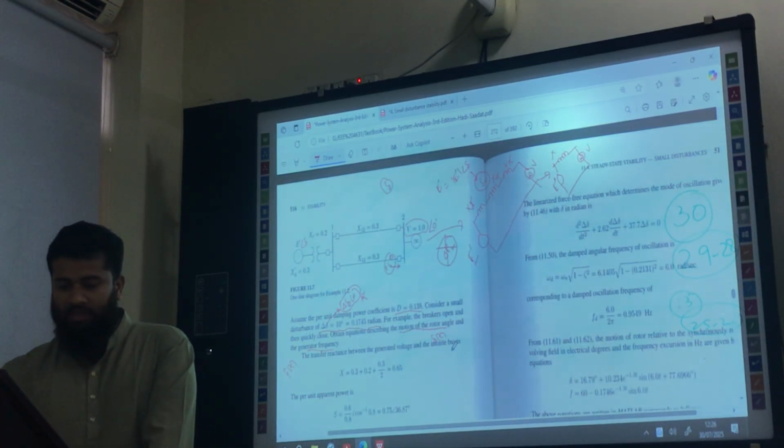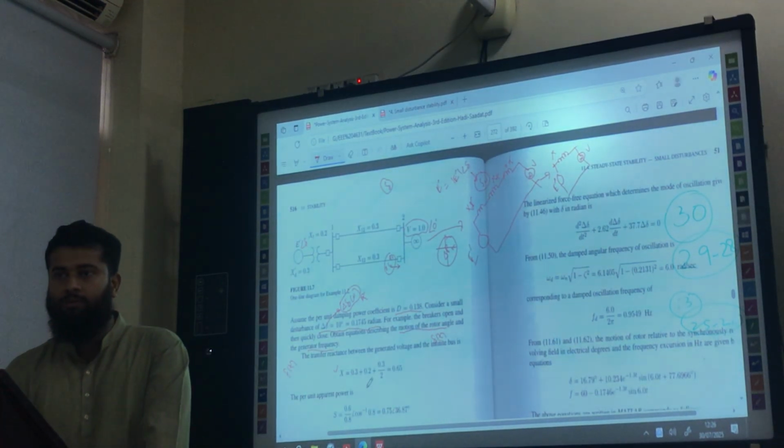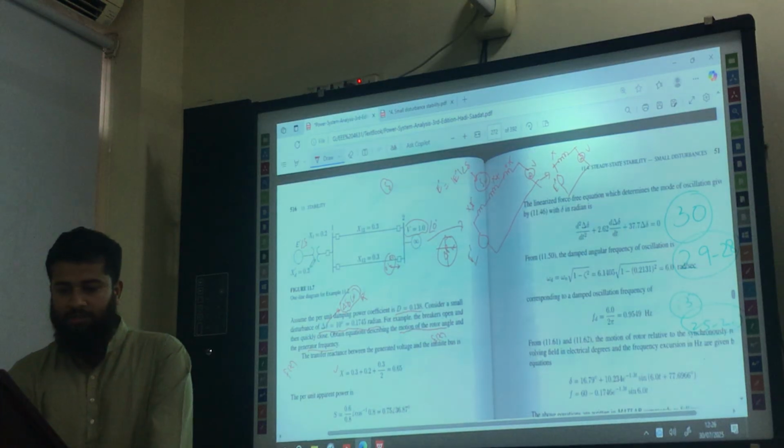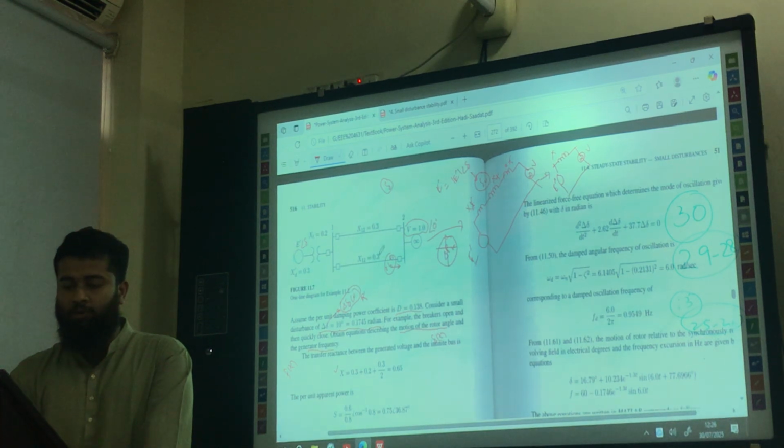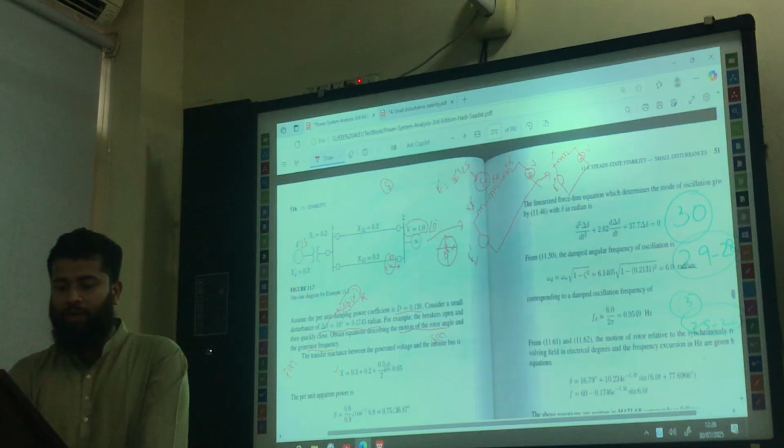Look, this is your x. It is 0.3, 0.2, and the two parallel reactances will give plus 0.3 by 2. If you add these three, you will get 0.65. This is x.